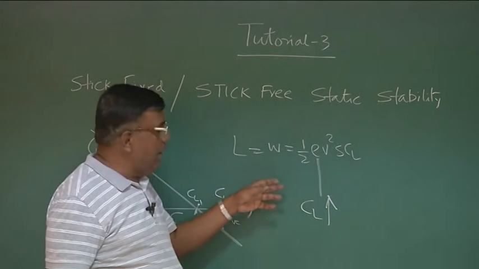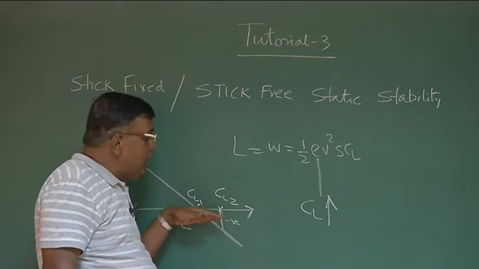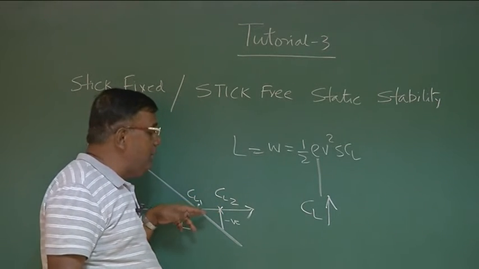Then only it is possible. So if I am balancing lift equal to weight at CL2, where CL2 is more than CL1, the speed here is less than the speed there.